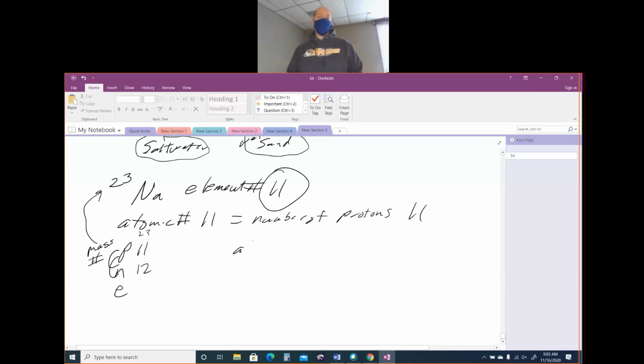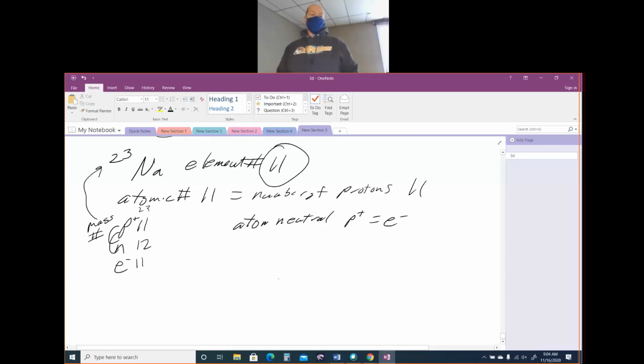If it is an atom, all atoms are neutral, which means your protons equal the electrons. If you have 11 plus charges, you have to have 11 minus charges. These questions would be the easiest.